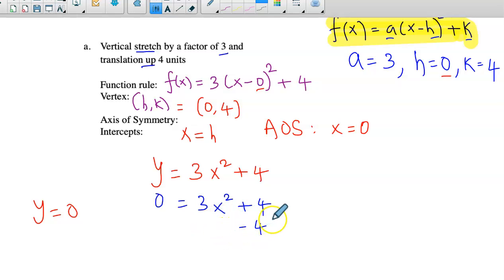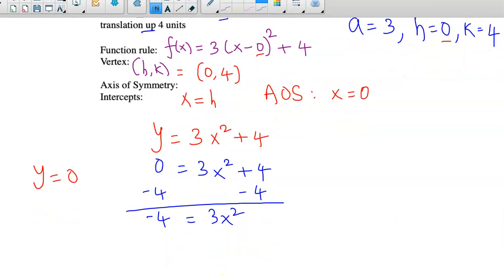To solve for x, I have to subtract 4 on both sides to give you negative 4 is equal to 3x squared. What is the next step? I'll divide both sides by 3, so that 3 and 3 cancel. You get x squared is equal to negative 4 over 3.